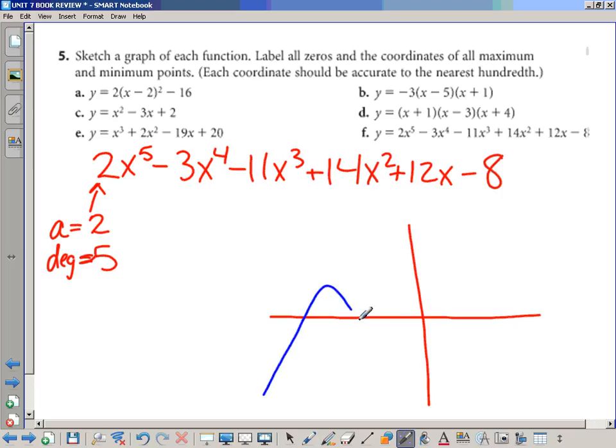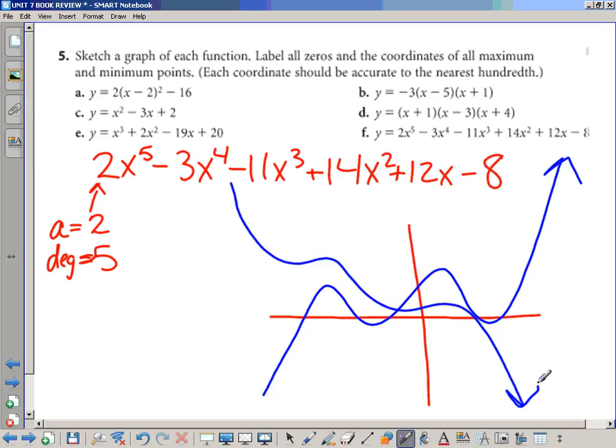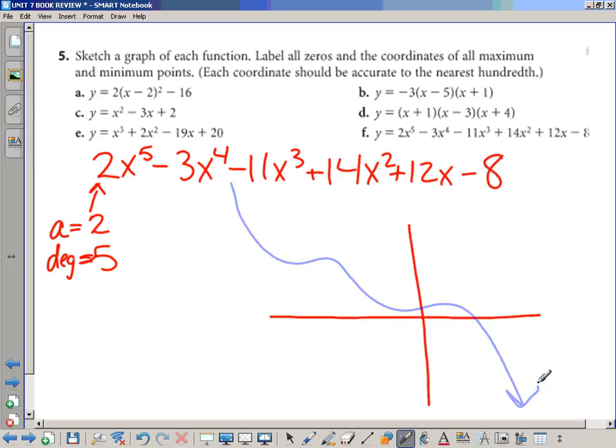Should it be, or, which one? The general shape of this graph should be increasing from left to right. When it's an odd function and a is positive, it should be increasing.